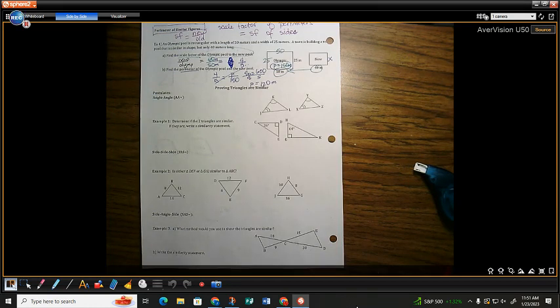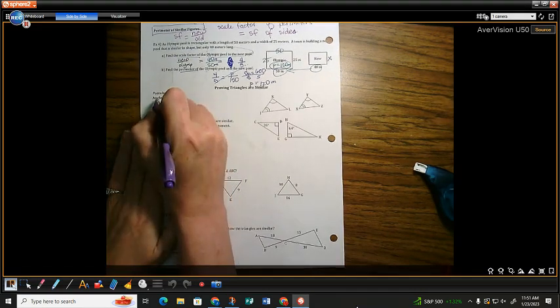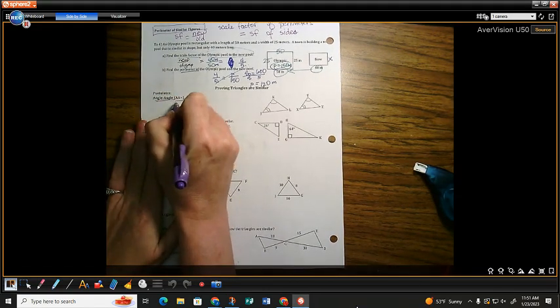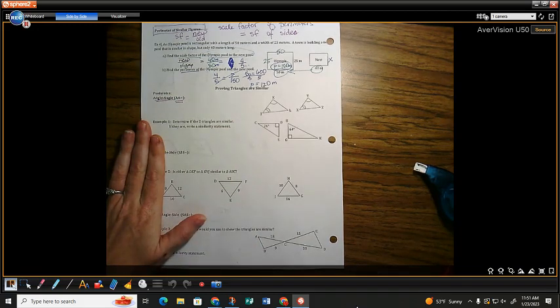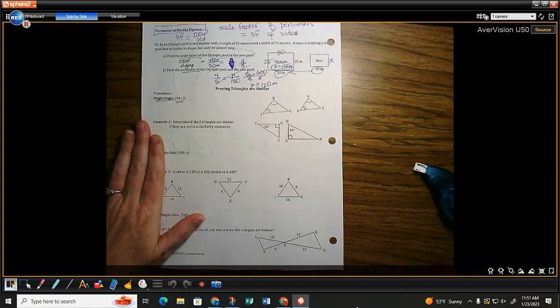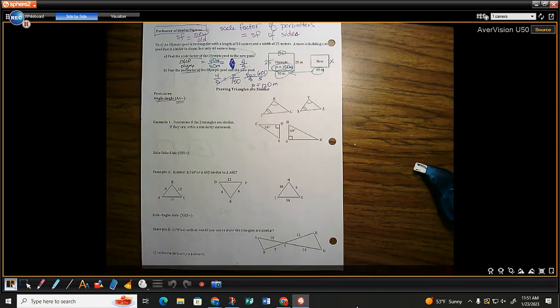Angle, angle, angle did not tell you congruent. But it could tell you similarity, but it's more than you need. You actually only need angle, angle to prove similarity. For a triangle? For a triangle. Okay? And look why.